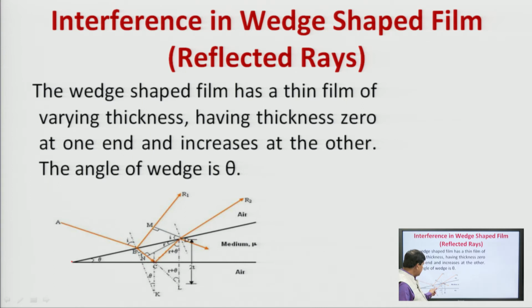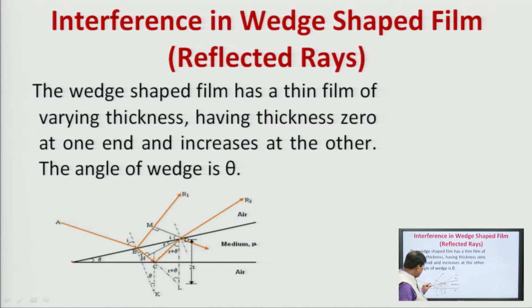From the lower surface, BC from the point C is again reflected as CD, and from D it emerges out as DR2. It is very clear that BR1 and DR2, these two rays, are produced from the same ray AB. When two sources are derived from one, they are called coherent sources. So, we have two coherent sources.